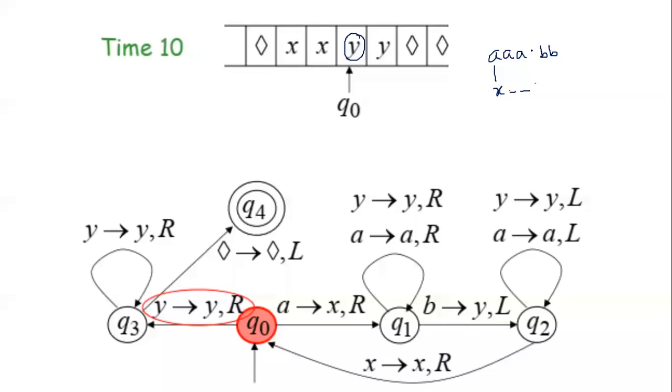Let's take a wrong string. A, and B, B. Okay, 2 B's are there and 4 A's are there.